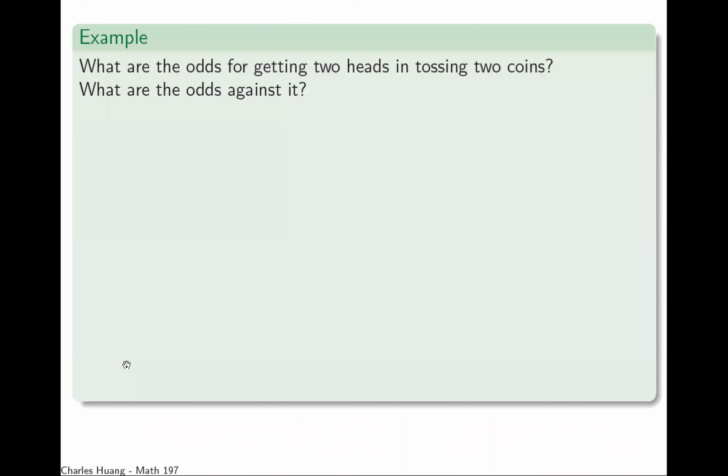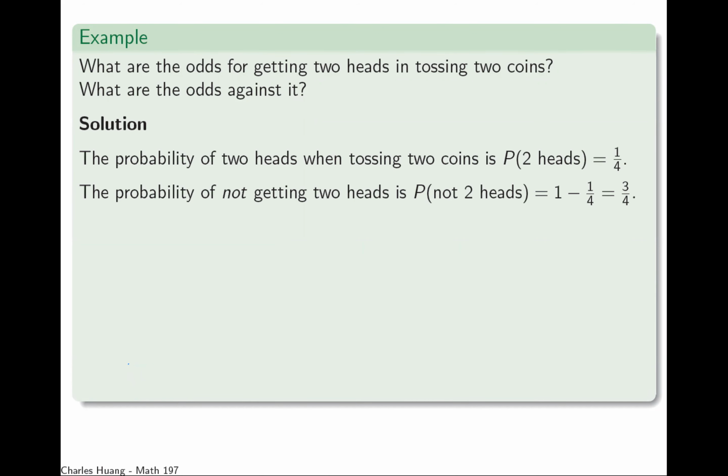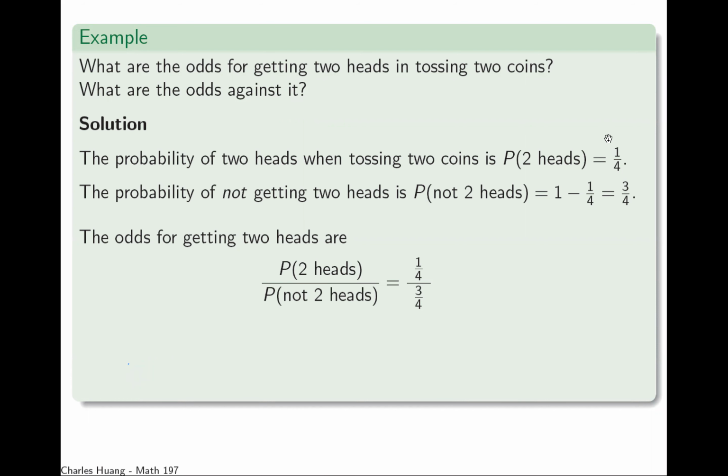Now, let's think about the odds of getting 2 heads when I toss 2 coins. When I toss 2 coins, to get 2 heads, it's 1 out of the 4 possible outcomes. The other 3 outcomes are not getting 2 heads, so 3 over 4. When I do the odds for, I take the probability of 2 heads divided by the probability of not 2 heads.